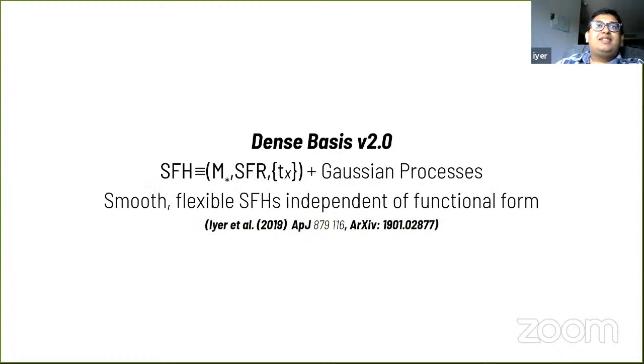And so we spent some time and we came up with a more comprehensive way of talking about star formation histories, using a machine learning technique called Gaussian processes to sort of take this description of a star formation history and bring it to life.